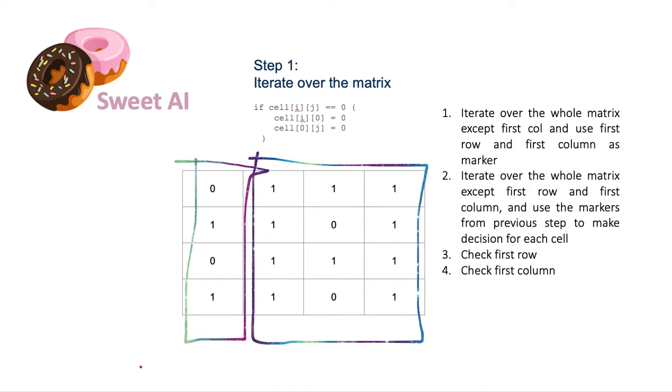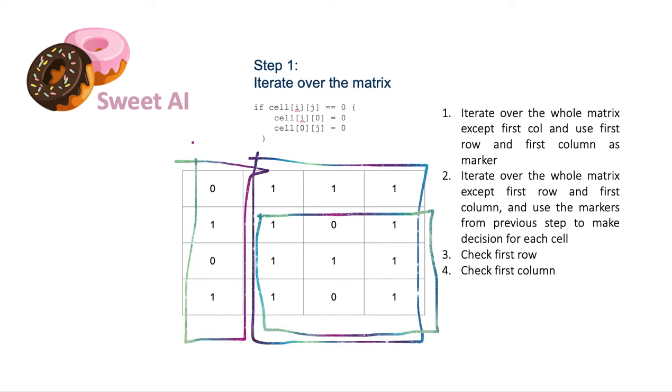So after iterating over the matrix like this, we now know what indices are equal to 0. Then we are going to iterate over this part of the matrix and use the first row and first column as our marker.